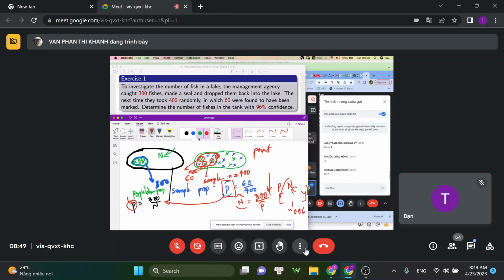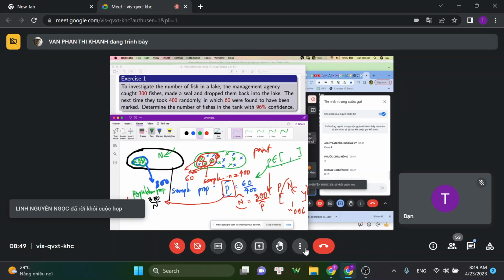What it means is that I have to construct the interval of p, right? From the interval of p, I can find the interval for n, the range for n. Understand the idea, class? Yes or no?